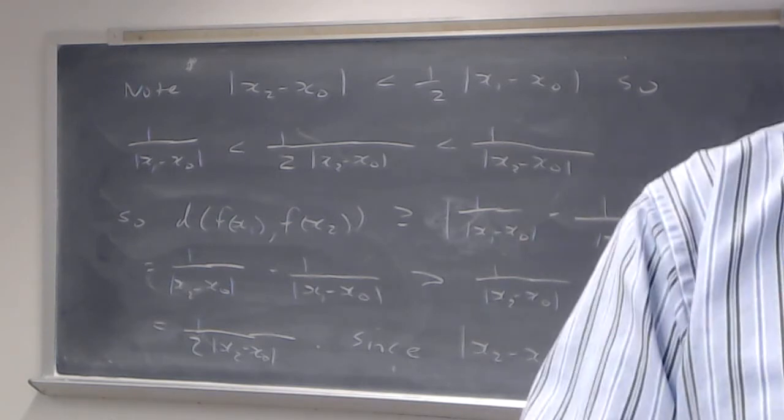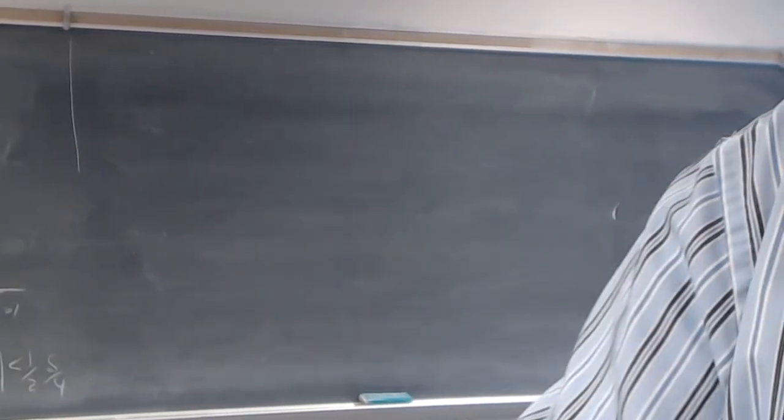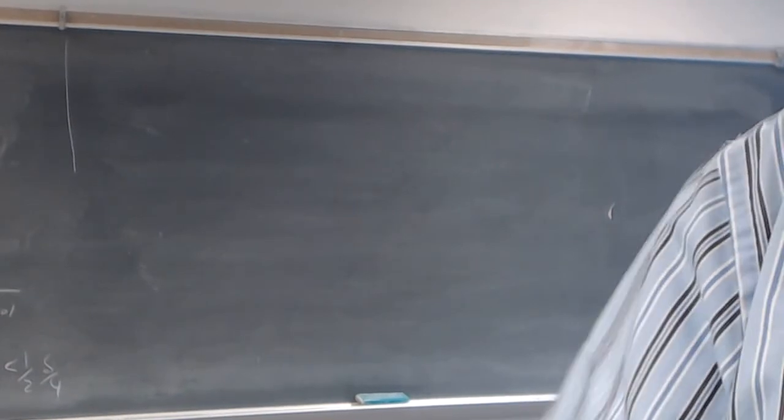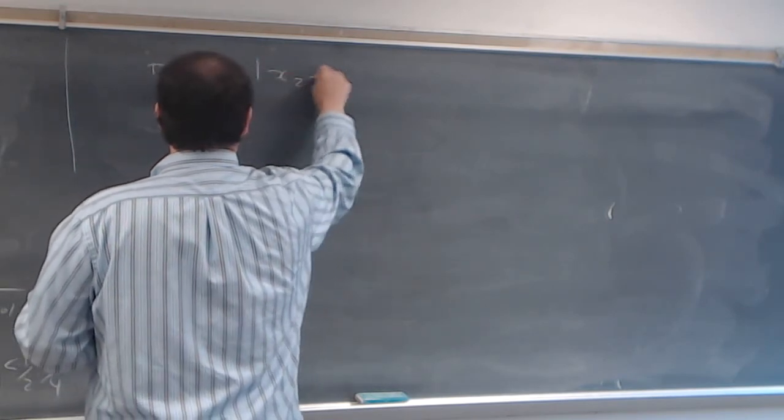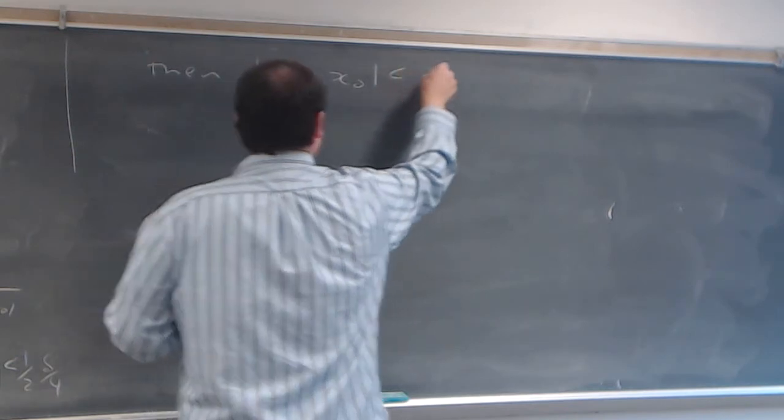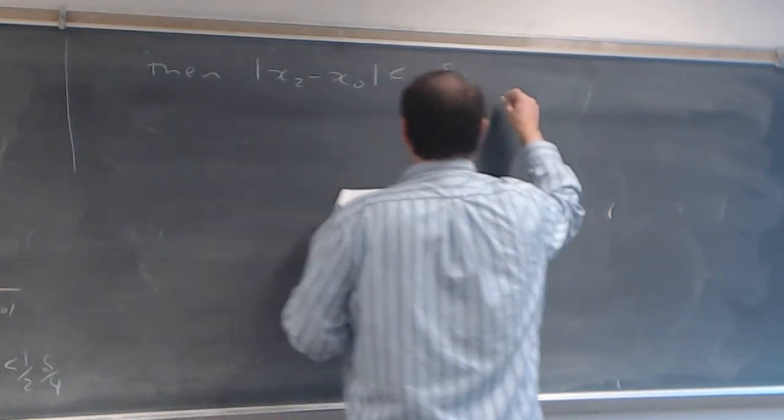Then we have that the distance between x of 2 and x of 0 will be less than delta over 8.